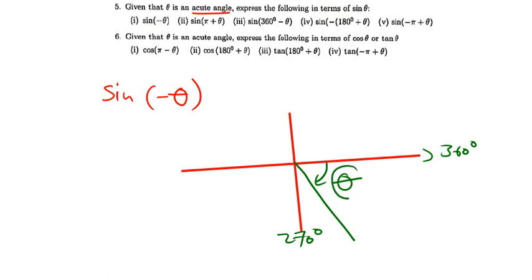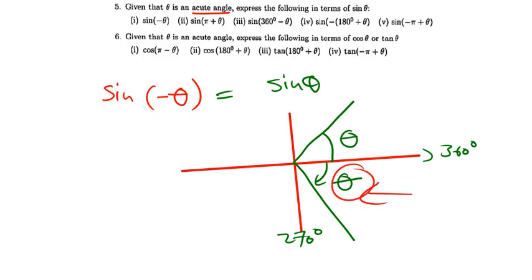This is the angle it is making with the 360, so that angle itself automatically becomes the reference angle in the first quadrant. So that becomes sine theta. Now the question is, is sine positive or negative in the fourth quadrant? Since this angle is in the fourth quadrant, sine is negative because only cosine is positive in the fourth quadrant.